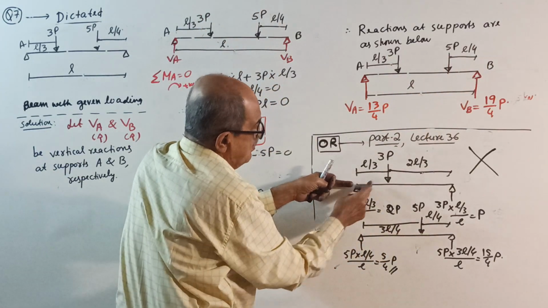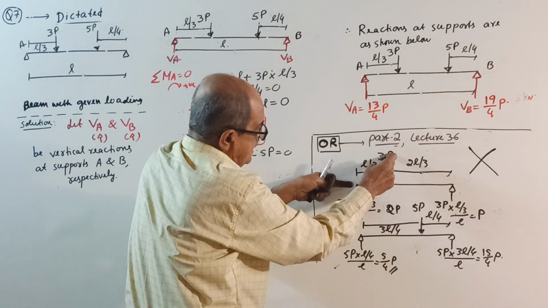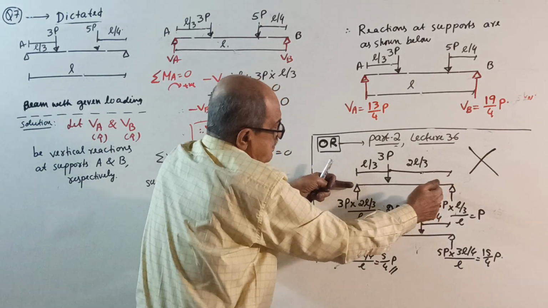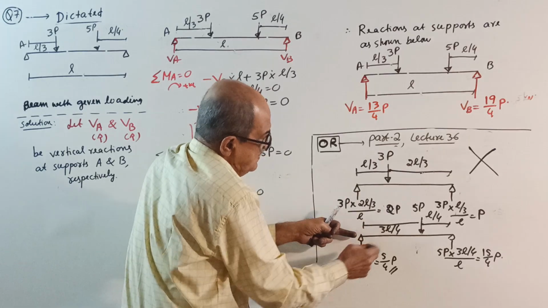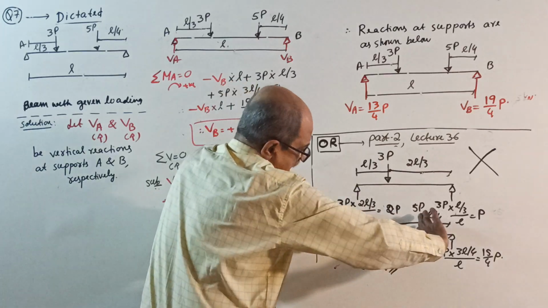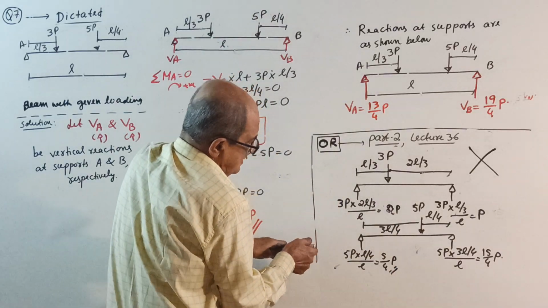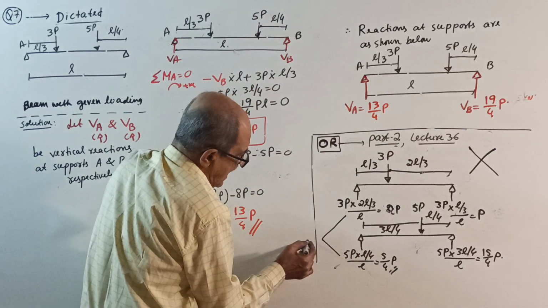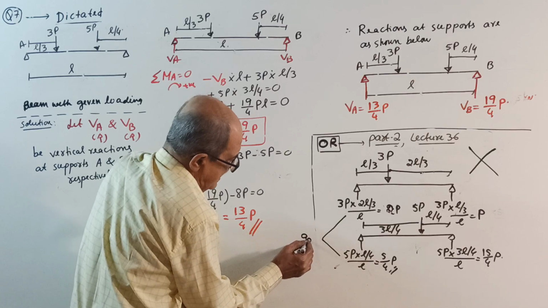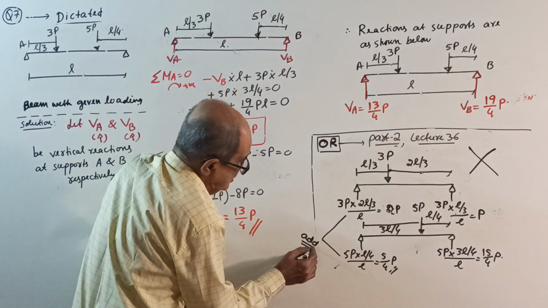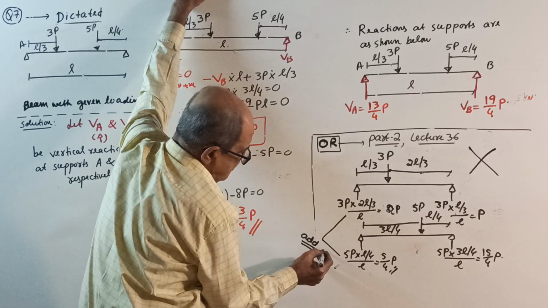So this reaction here equal to 3P into 2L by 3 by L, and this reaction is 5P into L by 4 by L. I have written both the reactions. Now, these two reactions you add, you will get 14 by 3P.